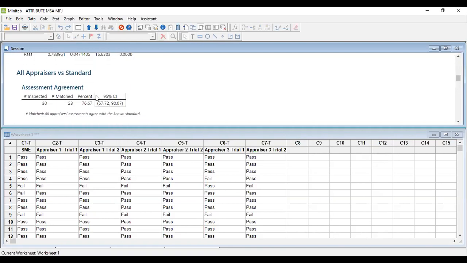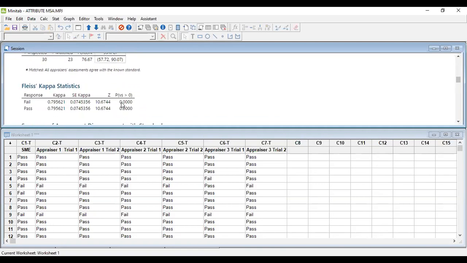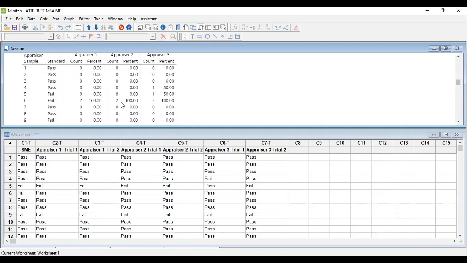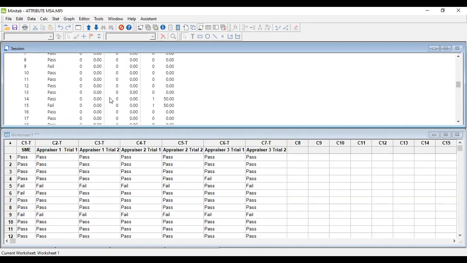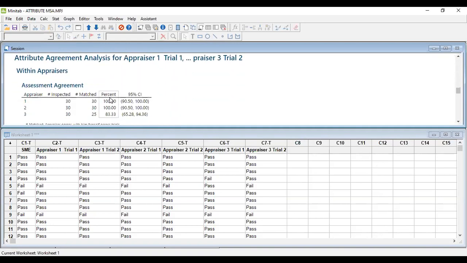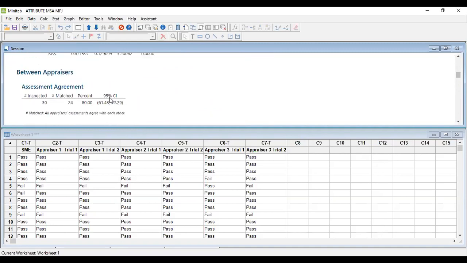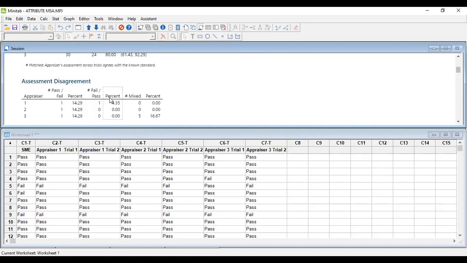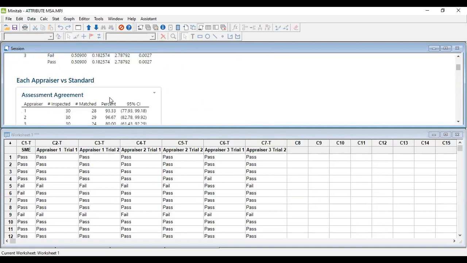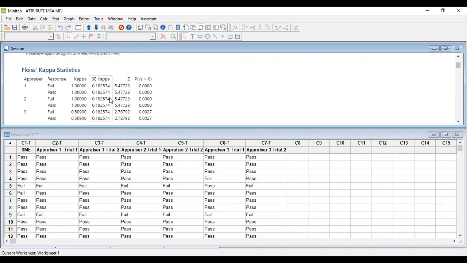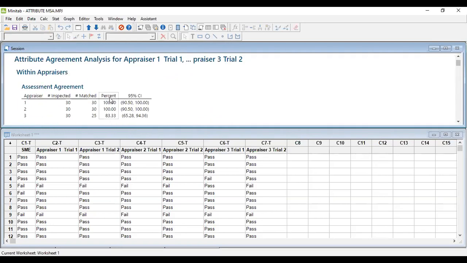And then we also analyze all our appraisers versus standard. Again, you get a percentage of 76%. And this is the detailed analysis of each of those. So 2-3 different factors analyzed here: within appraisers, appraiser versus standard, and the trials within appraisers.